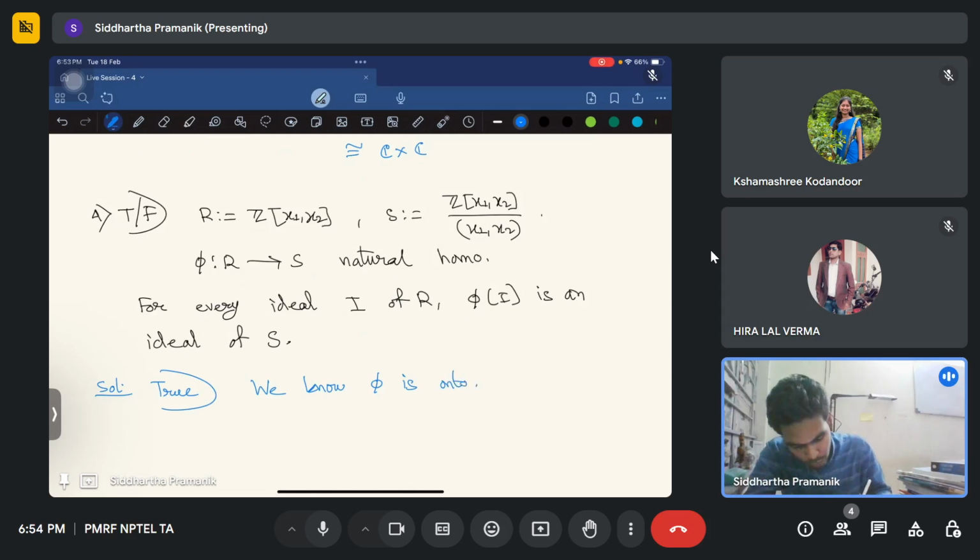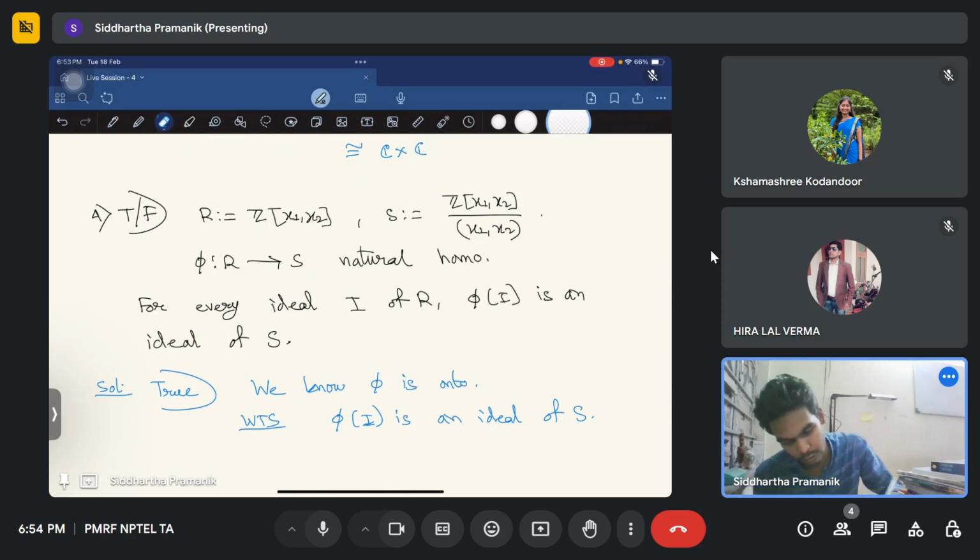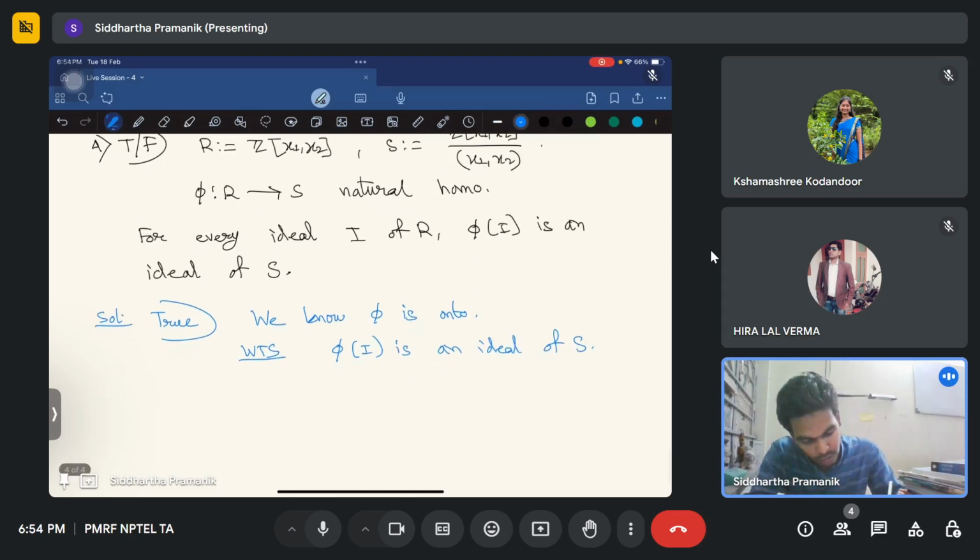So we need to show phi of I is an ideal of S, right? So you just prove that two property of ideal. One is subgroup and one is that absorption property.